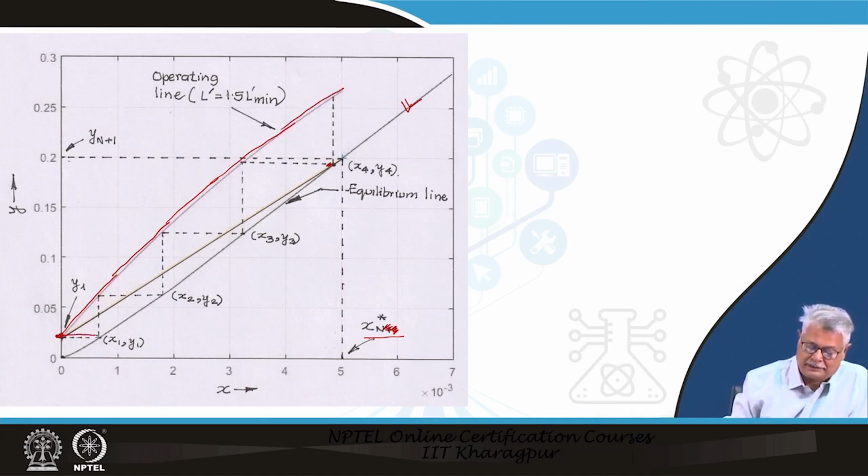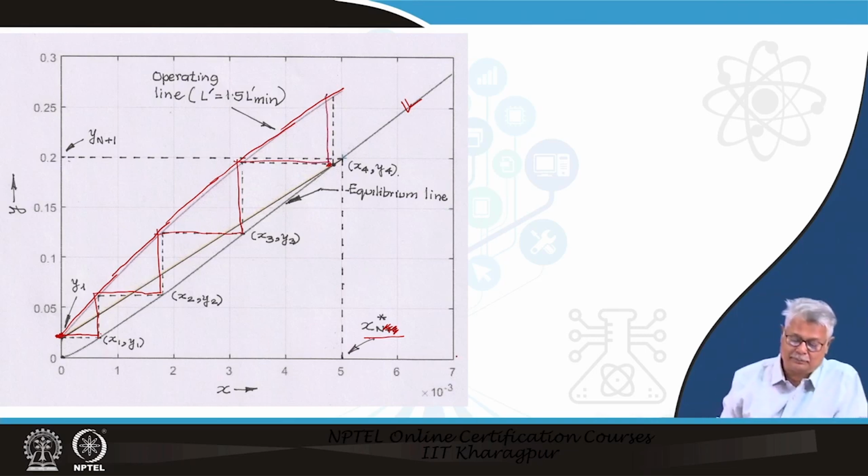We make the first step by touching the equilibrium line, going up, coming to the horizontal again, touching it, going up, and these points correspond to the compositions x1 y1 and x2 y2, and this I keep on repeating. You will notice one thing.